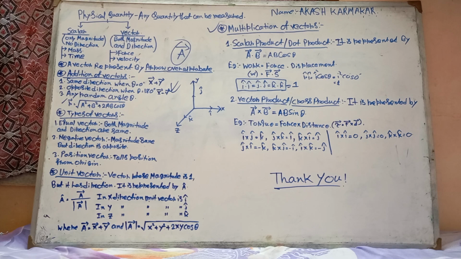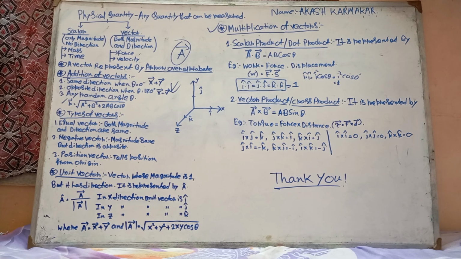So we come to the addition of vectors. First, if the vectors are in the same direction, then the angle theta between them equals 0, and the sum is represented by x vector plus y vector.